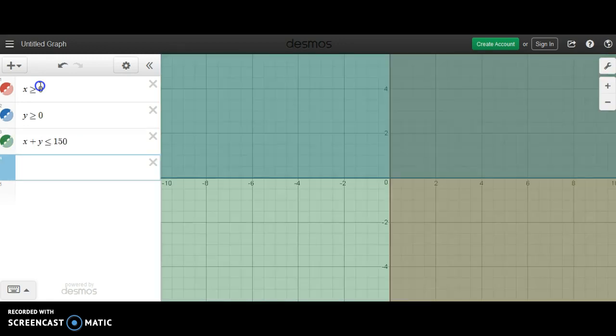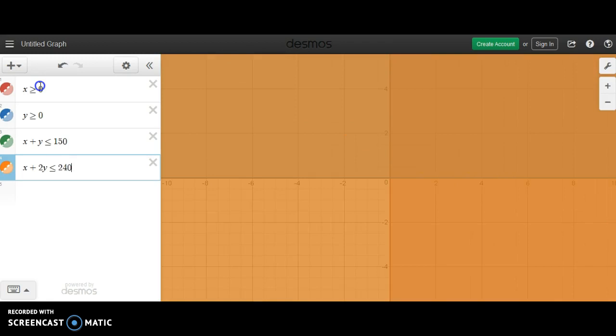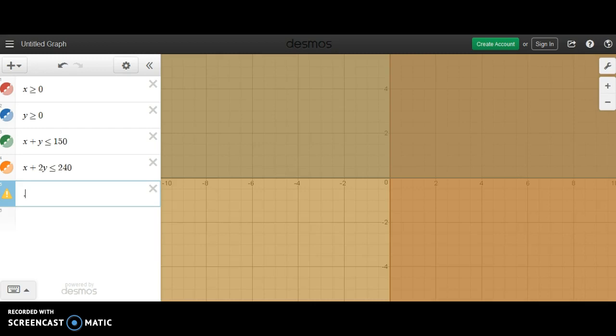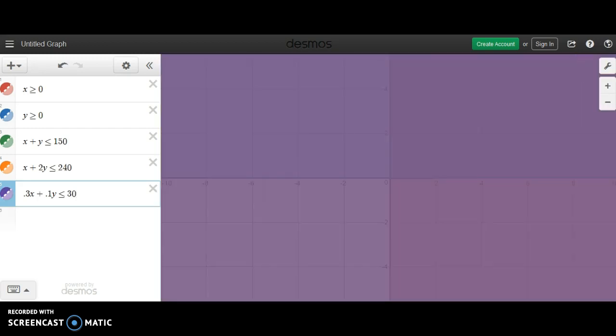X plus 2Y has to be less than or equal to 240. And I'll check real quick to make sure 3/10 X plus 1/10 Y is less than or equal to 30.